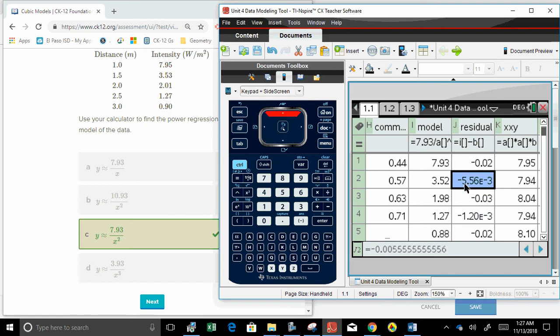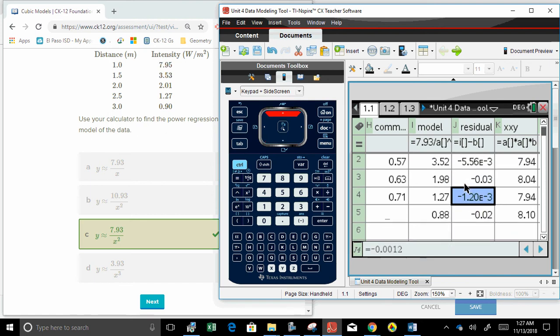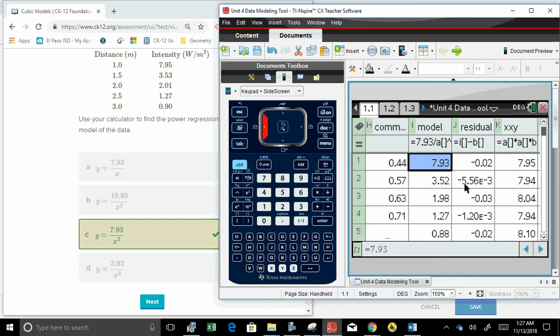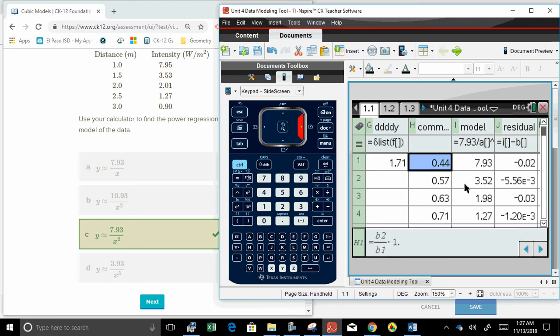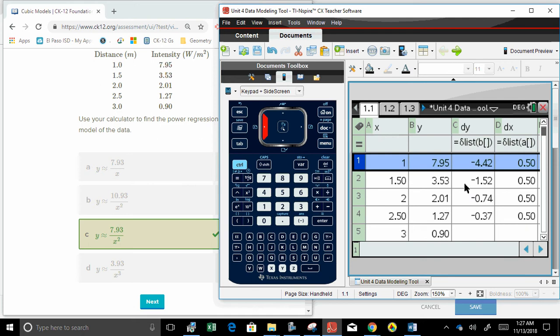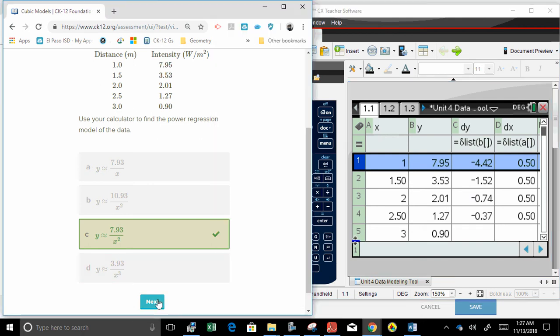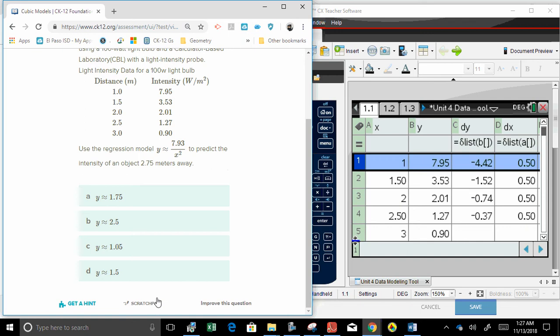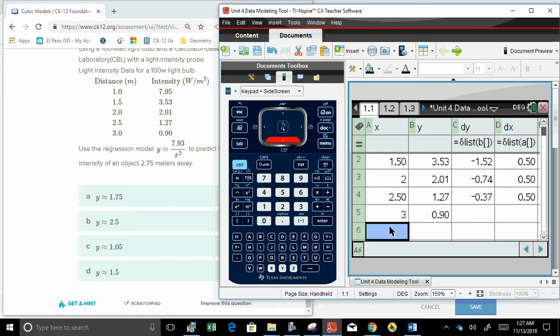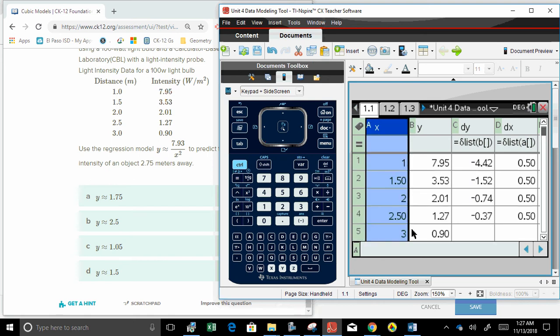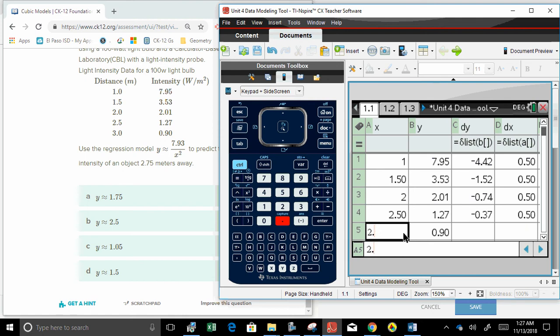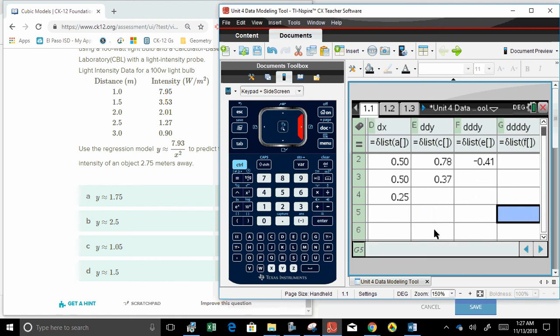Now these just mean close to zero, some error. 2.75 meters away. Well, that's easy enough. Add it to the model. 2.75 according to the model, 1.05.